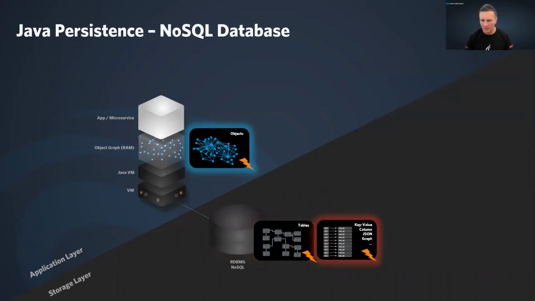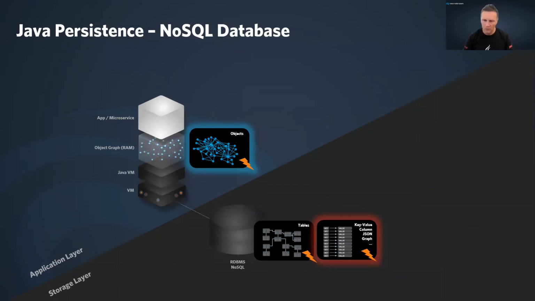So if you're lucky, then we have a software that fixes this for us, so that developers don't have to deal with this. With the modern NoSQL databases, we actually have the same challenges, because they introduce a completely different data structure. All of these data structures are also incompatible with the objects in Java and the memory model of Java.